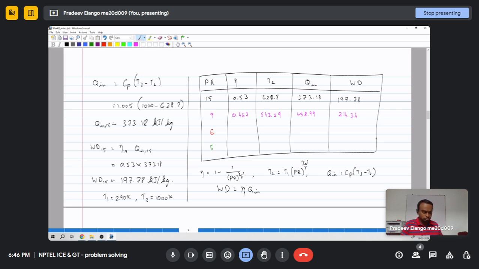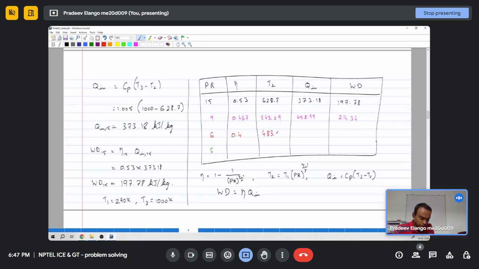So efficiency for 6 is 0.4. Okay. T2? Sir, 483.86.